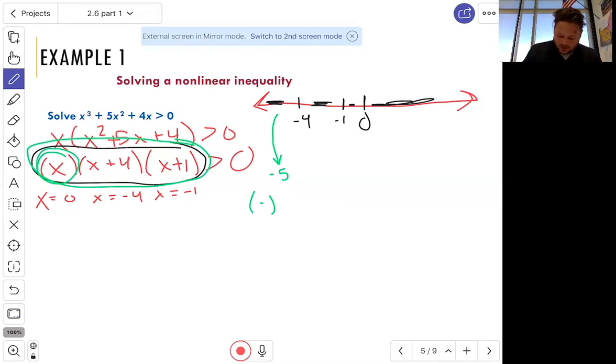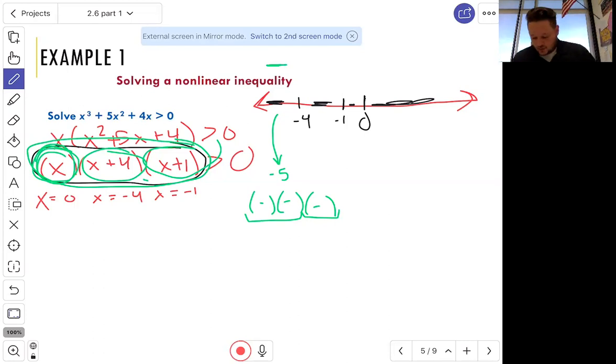Plugging -5 into x plus 4, I get -1, which is also a negative number. And -5 plus 1 is also a negative number. A negative times a negative is a positive, and then a positive times a negative is a negative. So overall, when I plug in -5, I know that I'm going to have negative solutions to the left of -4.